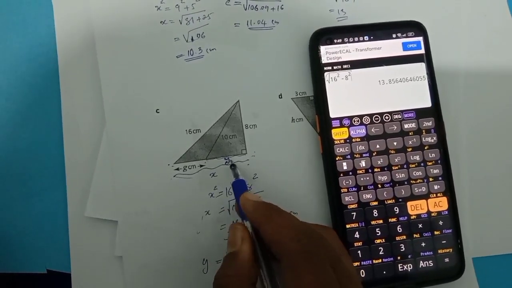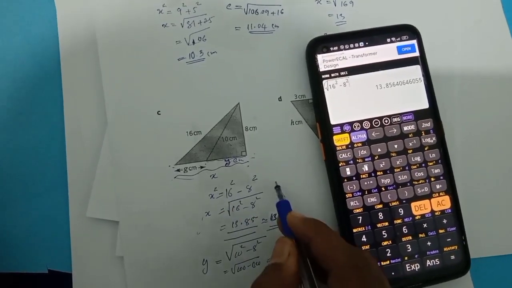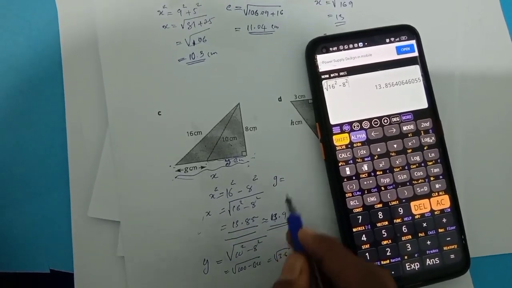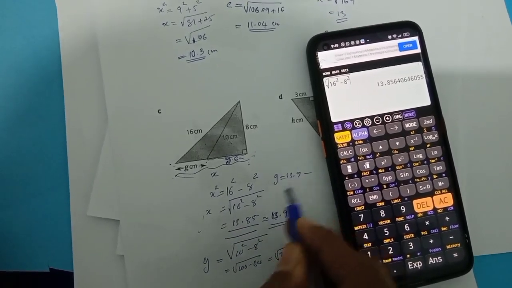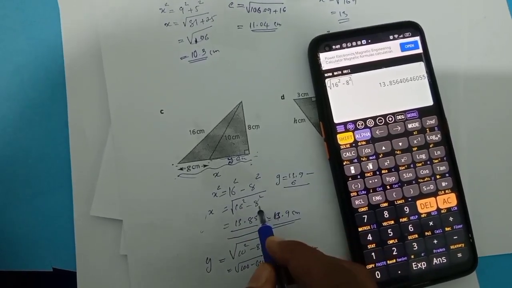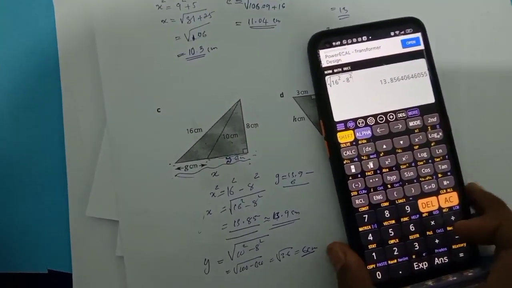So here the smallest side is 6 centimeter. And we can find out the g from here, g equal to the total length 13.9 minus the smallest side, that is 6. Okay, then you can subtract and find out the value of that g, right?